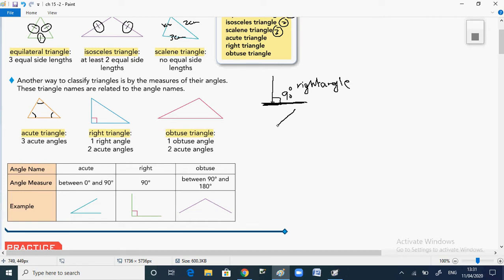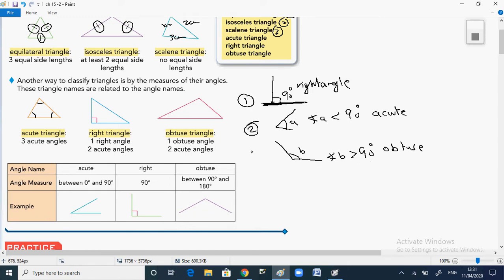Right angle means 90 degrees. If the angle, for example angle A, is less than 90 degrees, that means acute angle. But if the angle, for example angle B, is greater than 90 degrees, this is called an obtuse angle. So I can classify my triangle based on these angles. If all are less than 90 degrees, this is called an acute triangle.